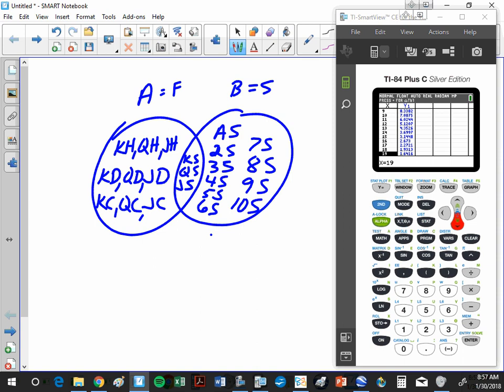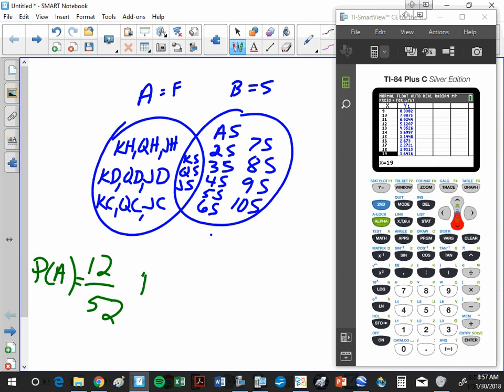Does that make sense? Okay. What is the probability of A? So we need to count everything that belongs in A. 1, 2, 3, 4, 5, 6, 7, 8, 9, 10, 11, 12. So the probability of A is 12 out of 52. Okay.